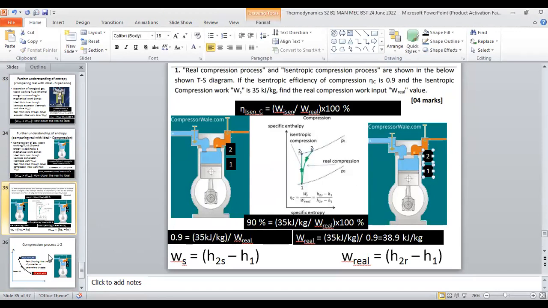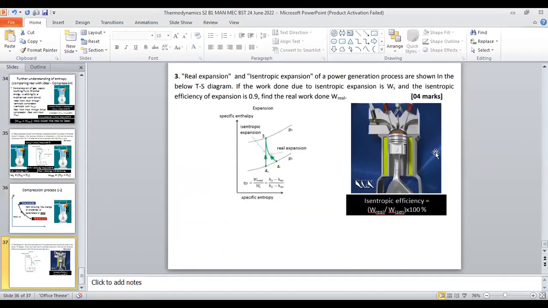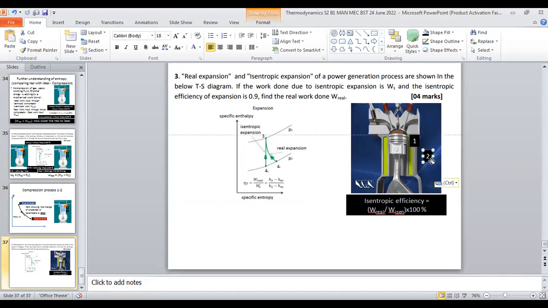One to two is this way, bottom to top, compression. When it comes to expansion, later we are going to learn about this. So 3 and 4.